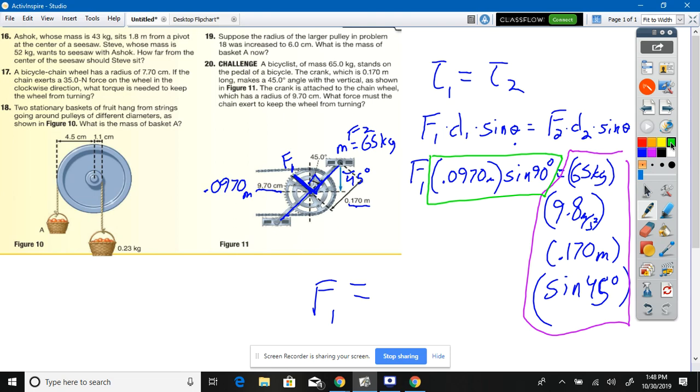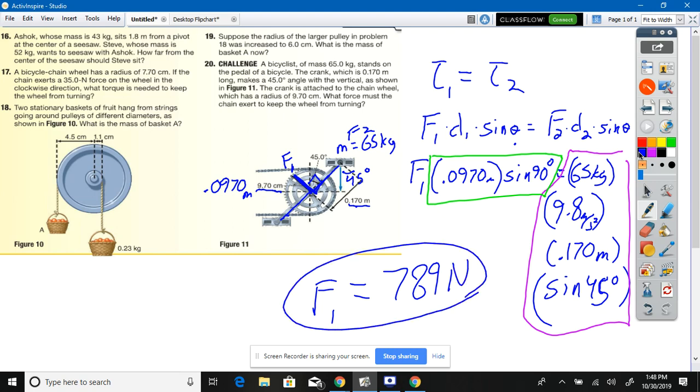789. 789 newtons is good. Did you divide by sine? No, well, that's obviously 1, right? Did you multiply 65 times 9.8 times 0.17 times sine of 45?